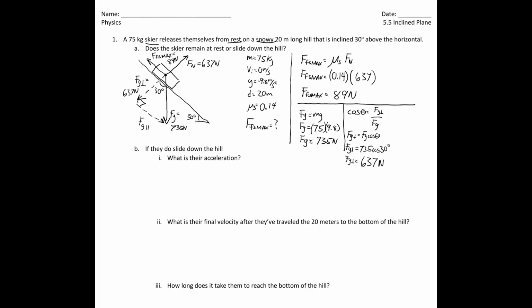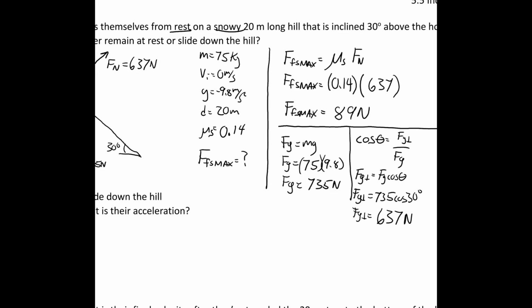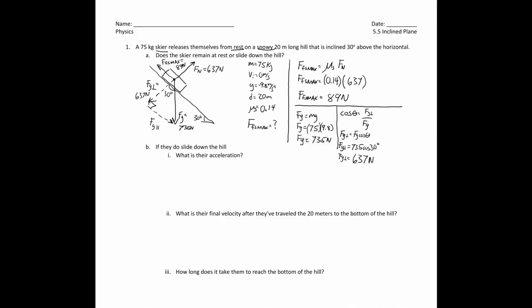I'm going to try to find a good place to write this in. All right, so for Fg parallel, I'm just going to skip right to this step. We're looking for this. Is this opposite, adjacent, or hypotenuse? It's opposite the angle. And we're also going to use the hypotenuse.